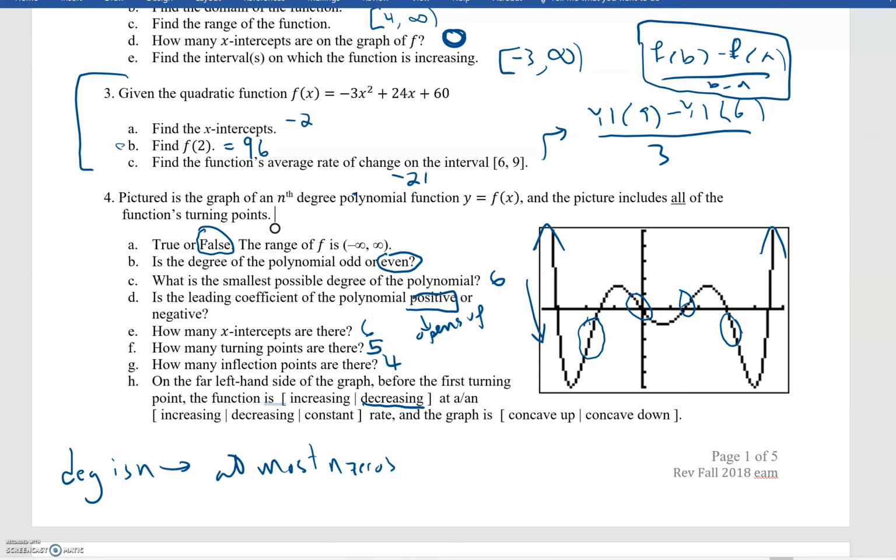Well, it's at a decreasing rate. Remember the picture for decreasing at a decreasing rate is this. And that's what we're doing here. Furthermore, the graph itself is concave up in this region. So the region that we're talking about is basically here.